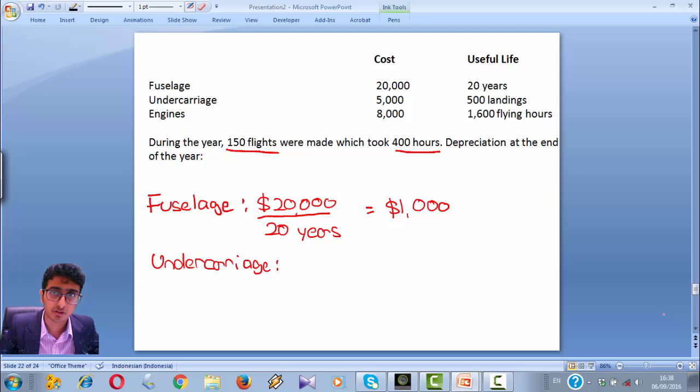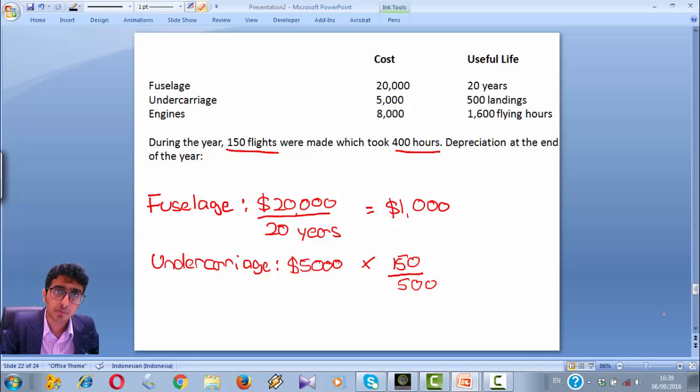How about my undercarriage? My cost is $5,000 and my useful life is not based on years, but on landings, 500 landings. This means that the undercarriage can be used for 500 landings. Let's read the question again. During the year, 150 flights were made, which took 400 hours. If we have 150 flights, our landings would also be 150. Hence, my depreciation would be 5,000 times 150 over 500.